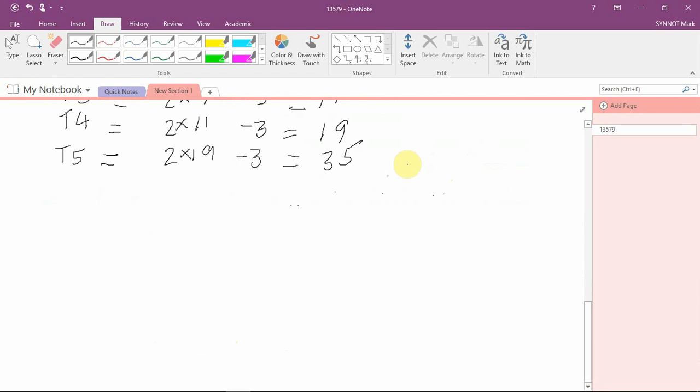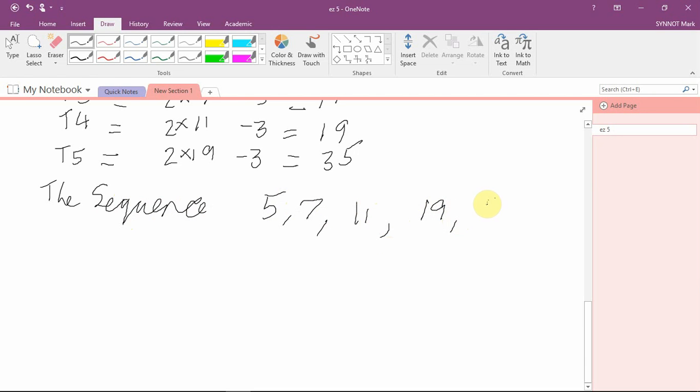All right, so the sequence then is 5, 7, 11, 19, 35 is our sequence.